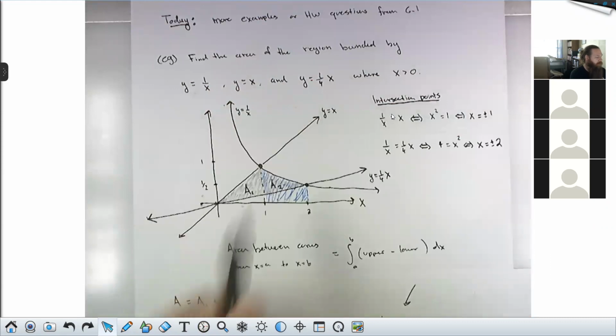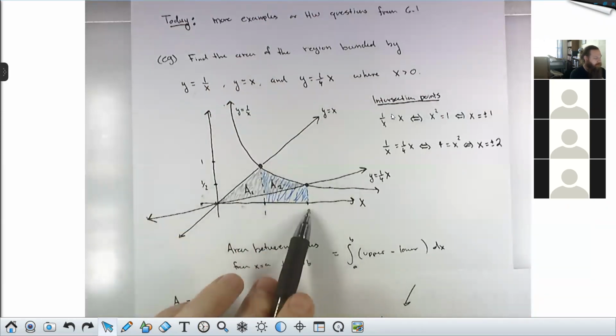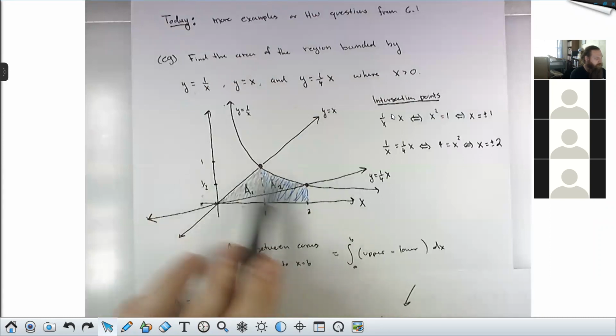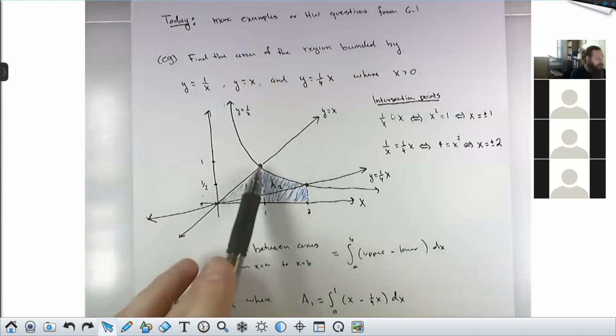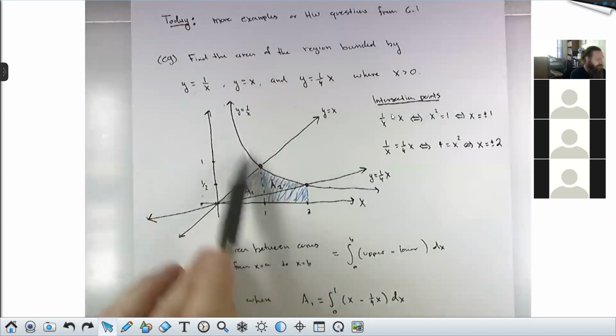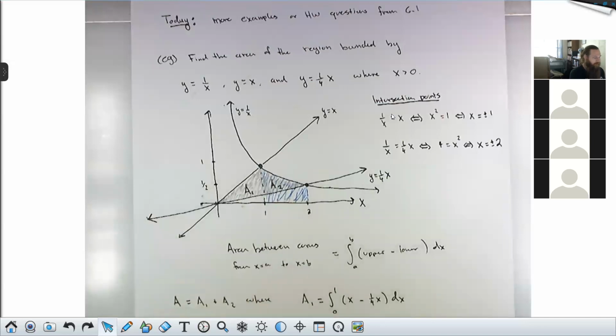We needed to know this x value here where these guys touch. Finding these intersection points is what told us how to split up the integral, remember? I need to know what is the x value where this guy stops being the upper and this guy starts being the upper. In order to do that, I need to know where those cross.